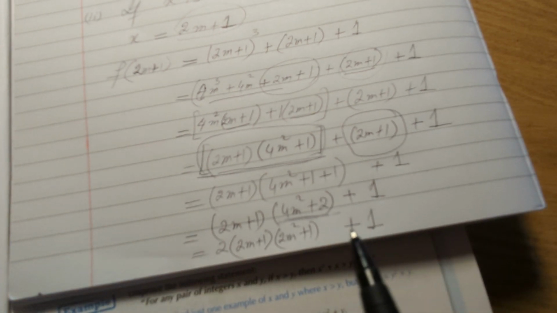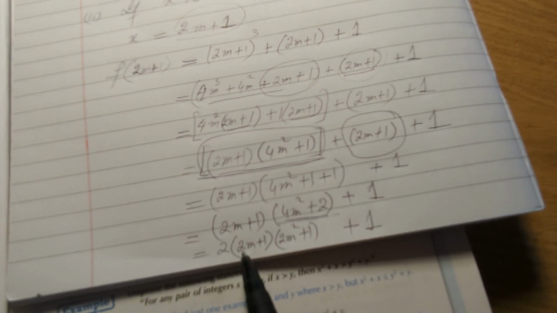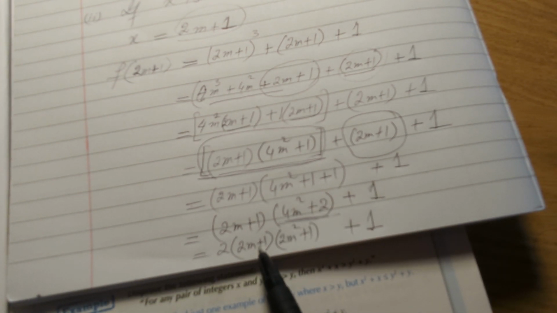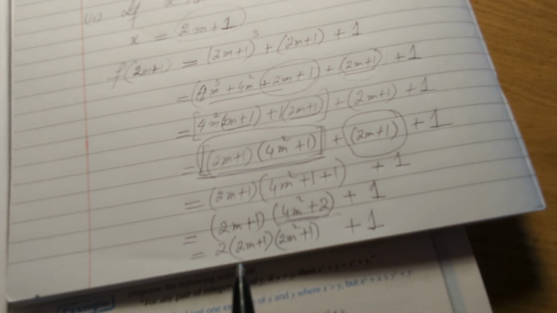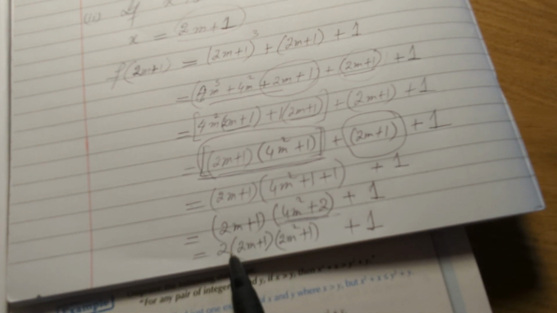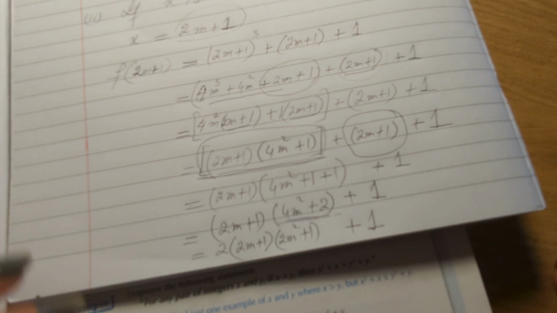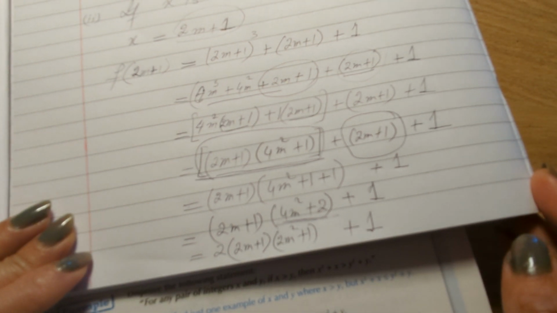Now you can easily check that if m is an integer, then 2m plus 1 into 2m squared plus 1 will also be an integer. Some form means that if this is an integer, then 2 multiplied by an integer plus 1 will be an odd integer, right?